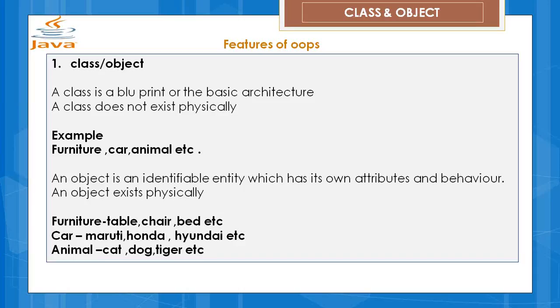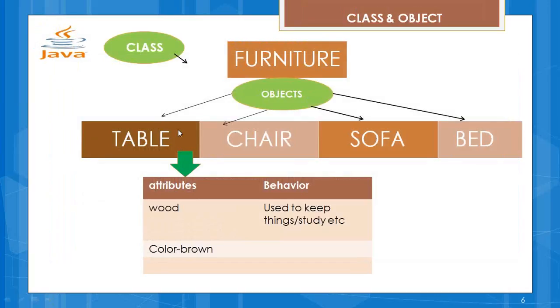I am interacting with you, you are interacting with me. We all are objects interacting with each other. In the same way, Java objects or any language's objects interact with each other to accomplish the task. So with the class furniture, we have the objects table, chair, sofa, bed, and we have the attributes wood, color, brown, and the behavior is to keep things.